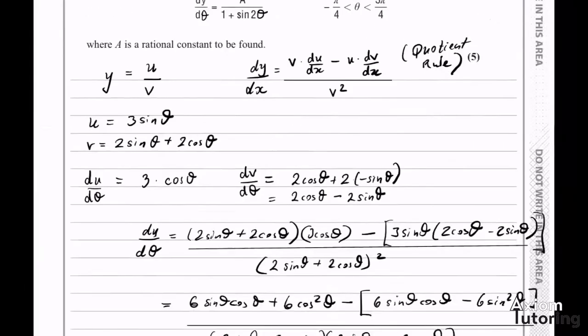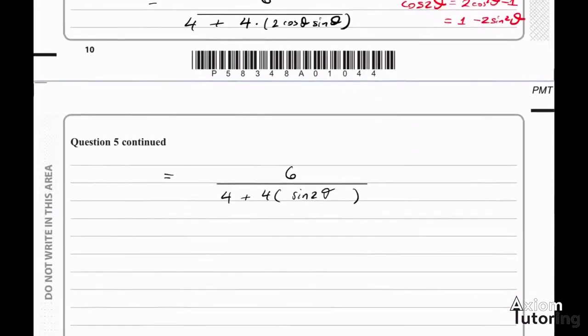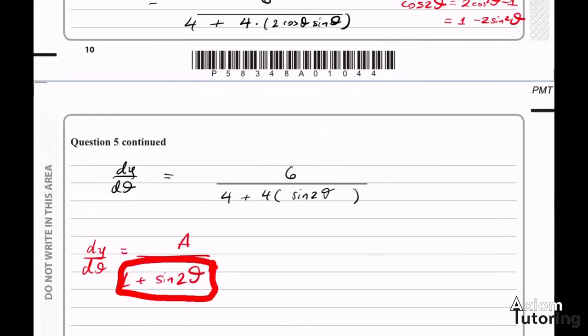So if I scroll down, here the form that we want is, I'll write it in red so we know that that's our goal, dy over d theta equals a over 1 plus sine 2 theta. So what we want to do is if we divide everything by 4, so each term by 4, then we'll get the denominator in this form, and then we can read off our value for a.